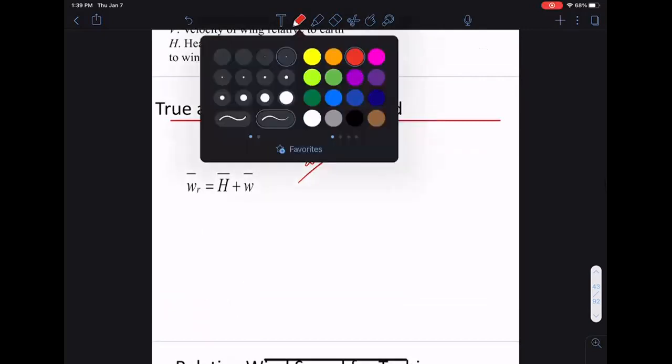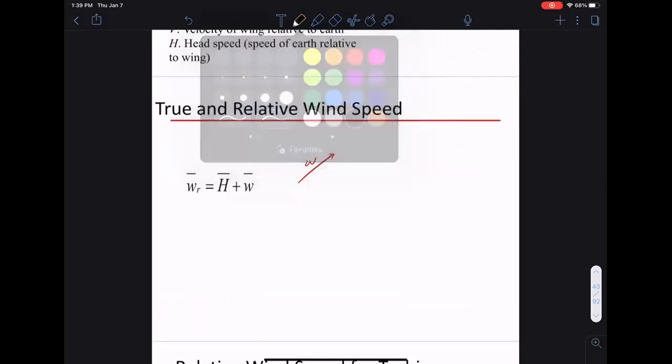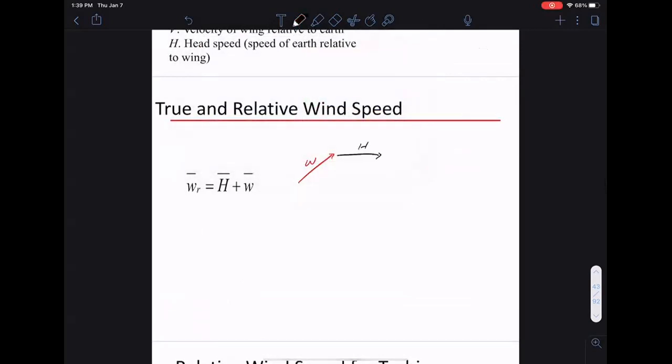Then let's say H is the head speed relative to ground, and W is the wind speed relative to ground. If you add them up, we get a vector like this. So the relative speed is a vector like this.